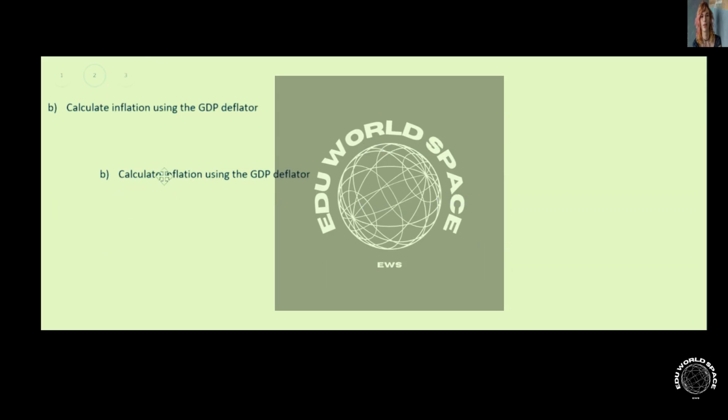The second part asks us to calculate inflation using the GDP deflator. Let's move this off to the corner. The GDP deflator is a different way of measuring inflation, and it's just a ratio of nominal to real GDP.